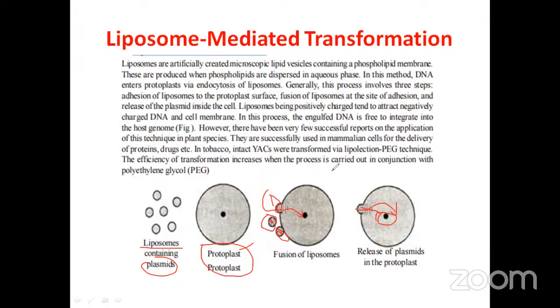For example, polyethylene glycol, calcium. When we apply this to the plasma membrane, it destabilizes, and a small portion is formed like that.